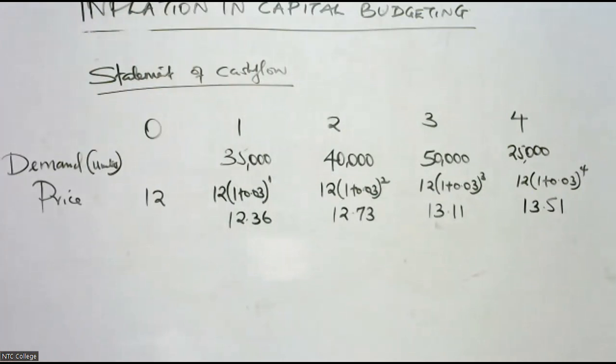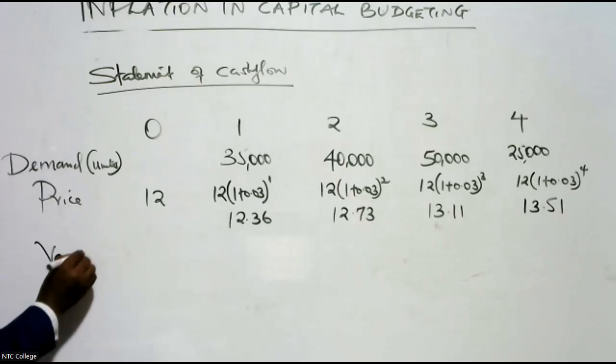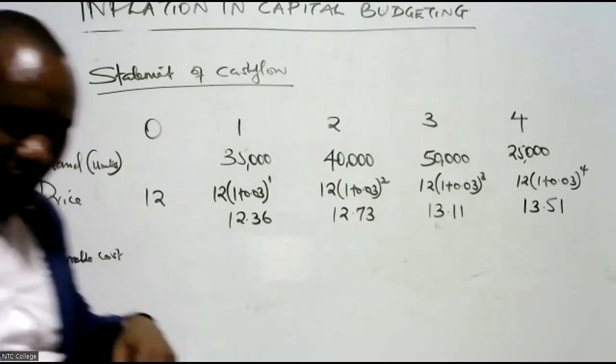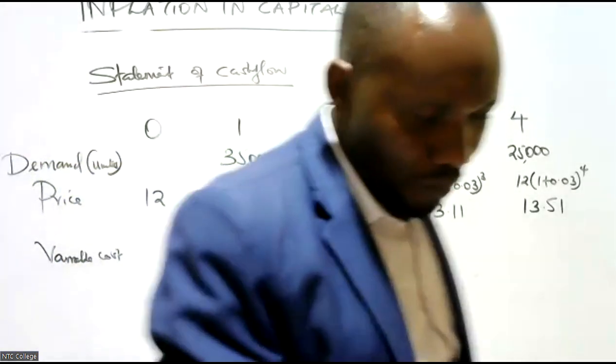Okay, so let's now look at variable cost. Variable cost is also increasing. When we are starting the business, that is the first year, January, what was the variable cost?